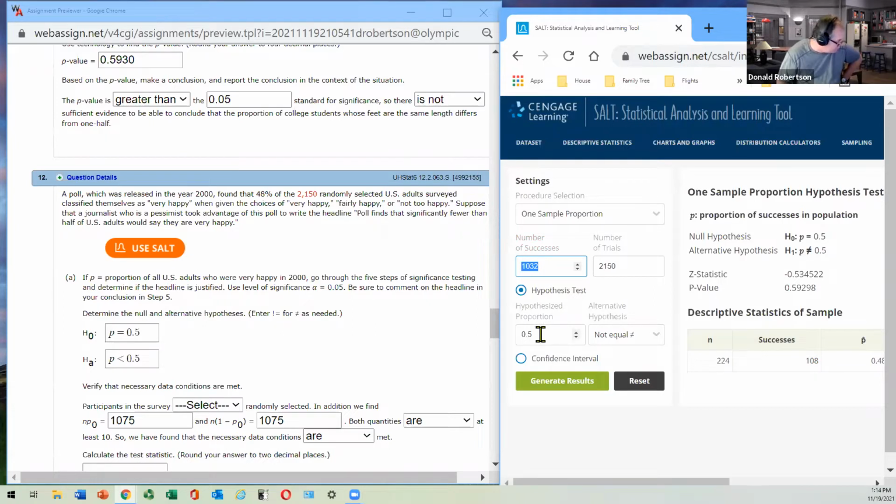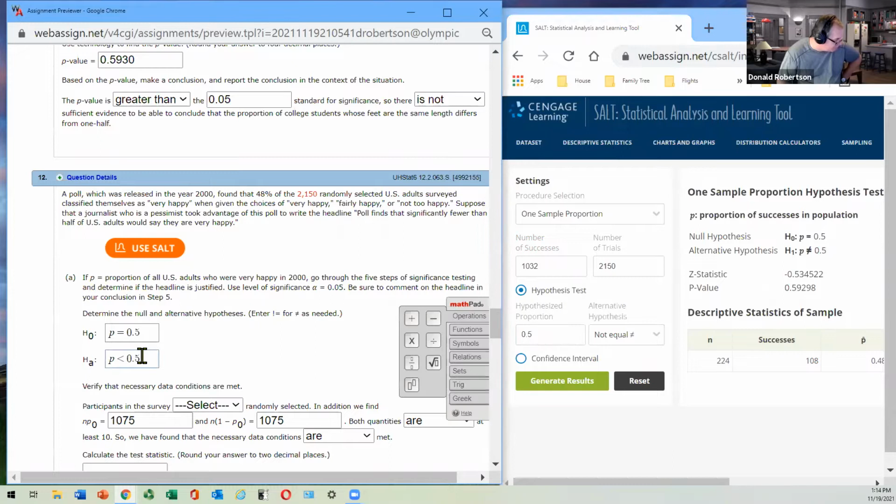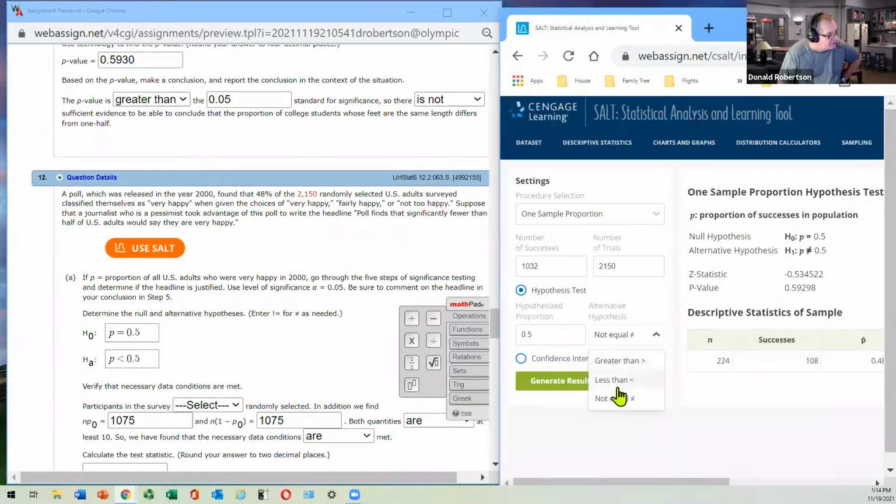We have a 0.5 value, but in this case, we want to see if there's evidence that it's less than. So I've got one sample. How many out of the total? 0.5, less than. Hit generate results.